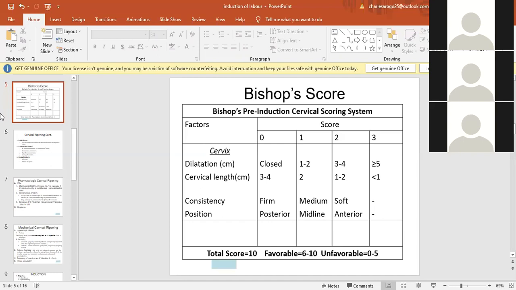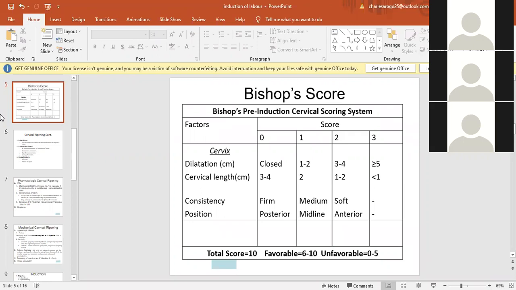Because the worst thing that you can do is to take out a preterm baby and then have to take the baby to nursery, unless the indications are in fetal interest, if you see what I mean. And therefore, either you wait to 39 weeks, or if it is in maternal interest, do fetal lung maturity tests to be sure that the fetus is mature before you do induction of labor.